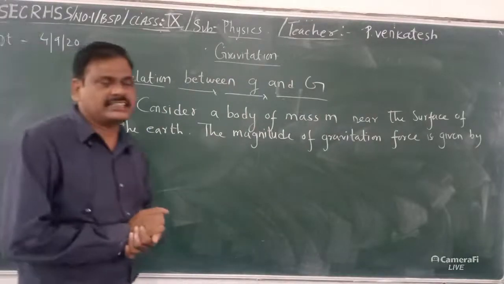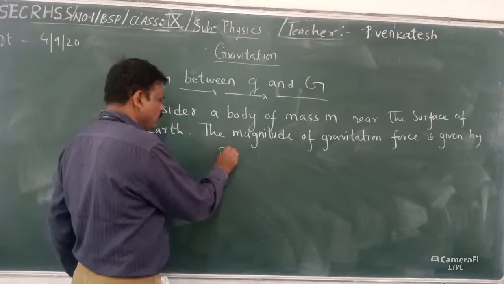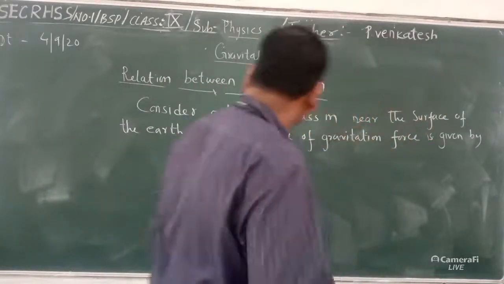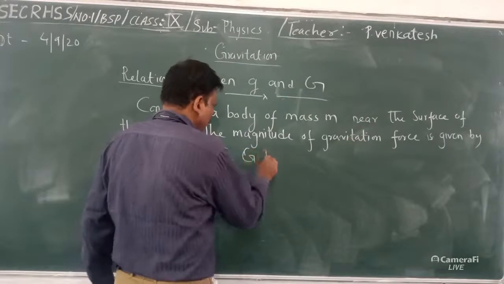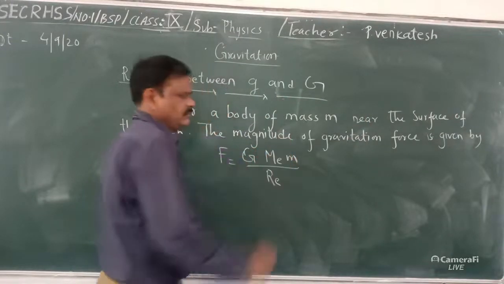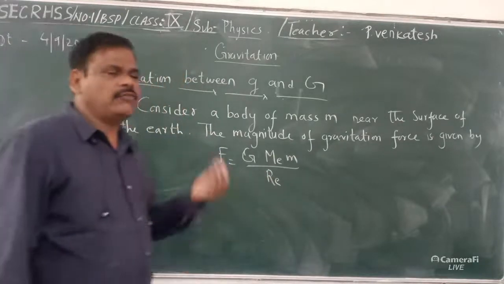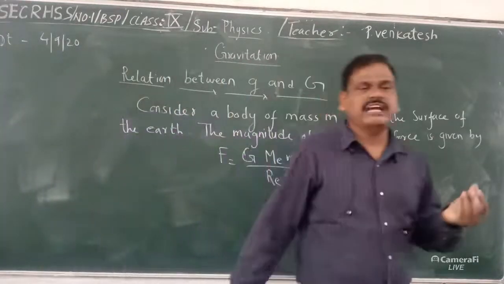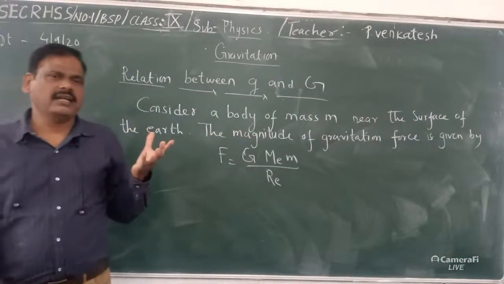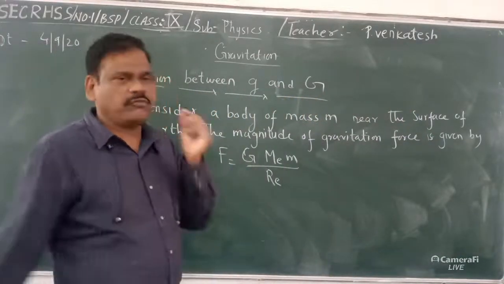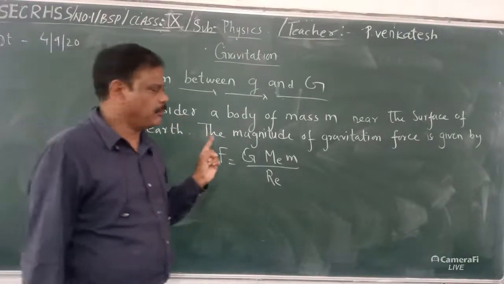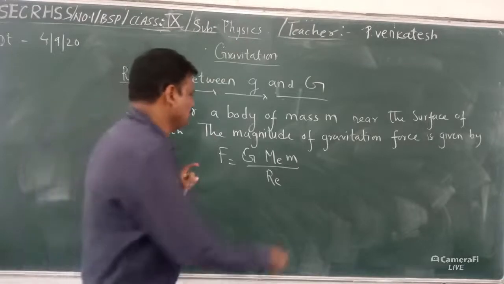The magnitude of gravitational force F equal to... Generally, the force of gravitation: every object, every particle of matter attracts another with a gravitational force F equal to G m1 m2 upon r square. We did it, r square.